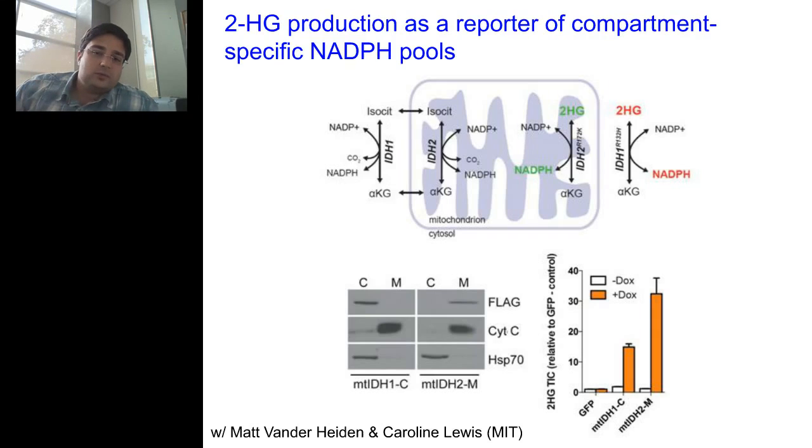So what we did was inducibly express mutant IDH1 or mutant IDH2 in each compartment and detected the selective expression of mutant IDH1 in the cytosol or mutant IDH2 in the mitochondria.